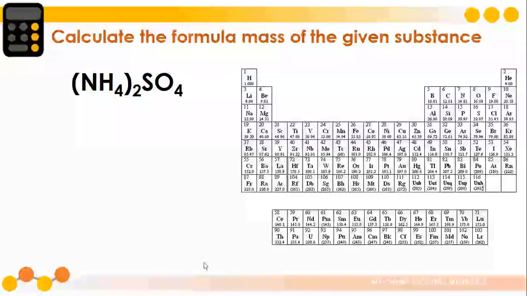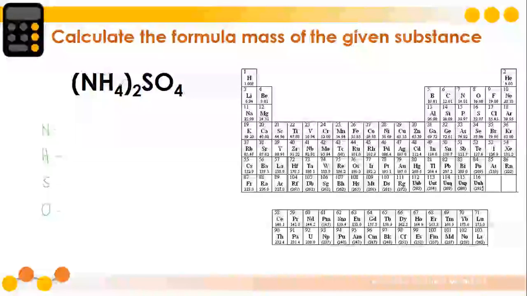Okay, let's proceed with the first step. For the first step, we have, again, list down the elements involved in the compound. So we have here N for nitrogen, hydrogen, sulfur, and oxygen. And then figure out the quantity of each element in the compound.